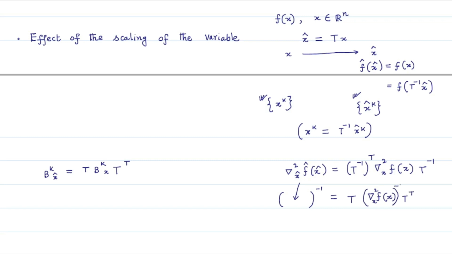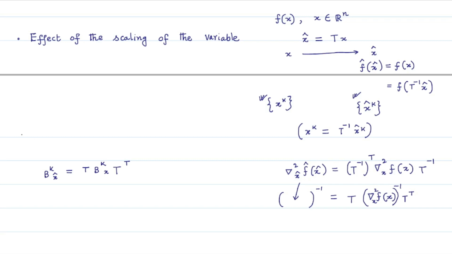And notice that this B_k hat is an approximation of the inverse of the Hessian at the point x_k. Therefore, if B_k hat equals T times the inverse Hessian approximation at the point x_k in the x space, that is your B_k times T transpose, and this equation is valid, then the quasi-Newton method by which we have computed this B_k hat is invariant under the transformation x hat equals T x.